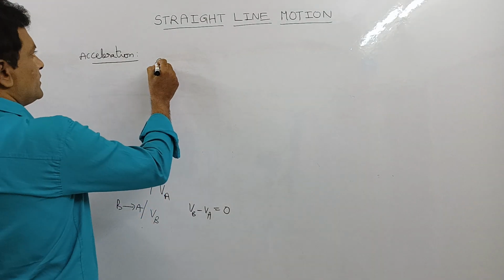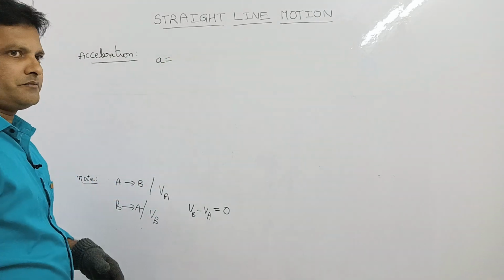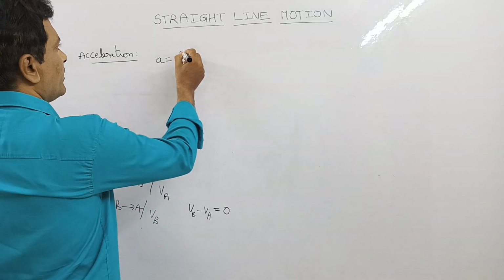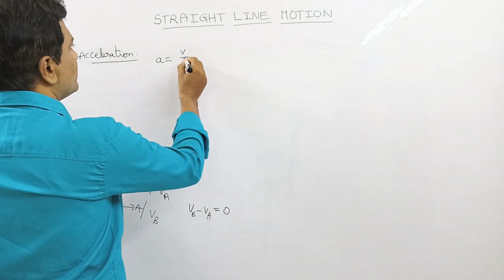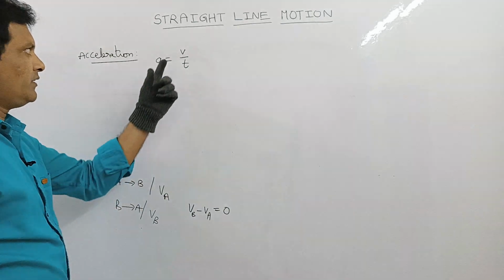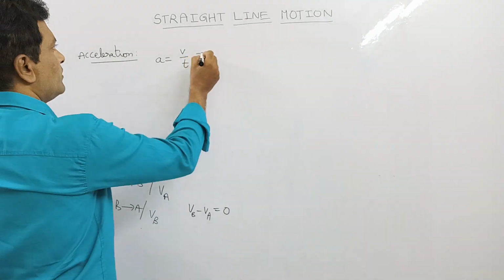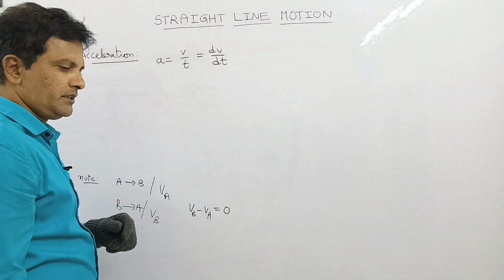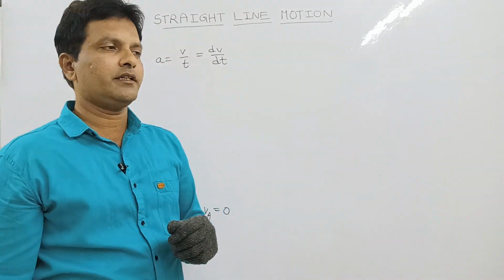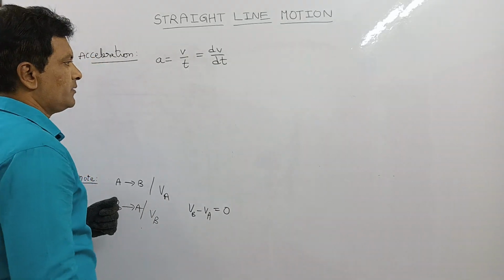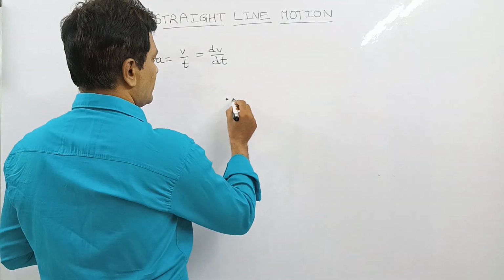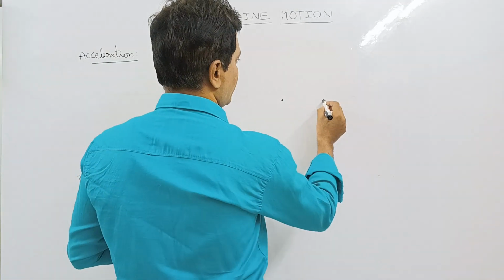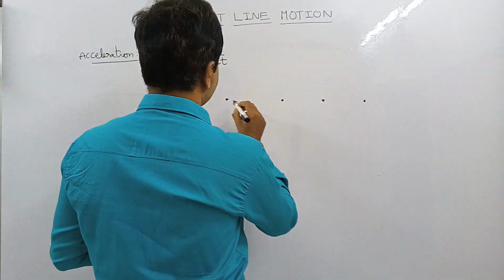Here it is represented with a, and acceleration is rate of change of velocity. So the change in velocity per unit time is dv by dt. I will tell you with an example. Suppose an object is moving from A to B, then B to C, and then C to D.